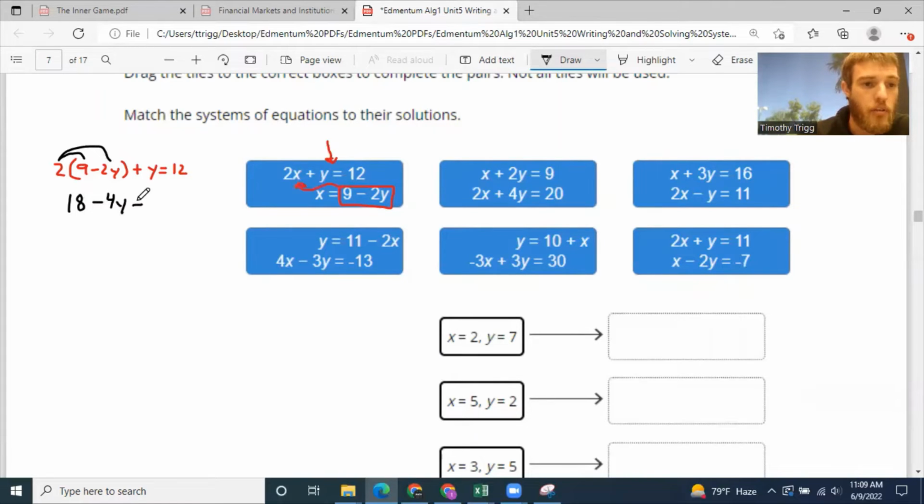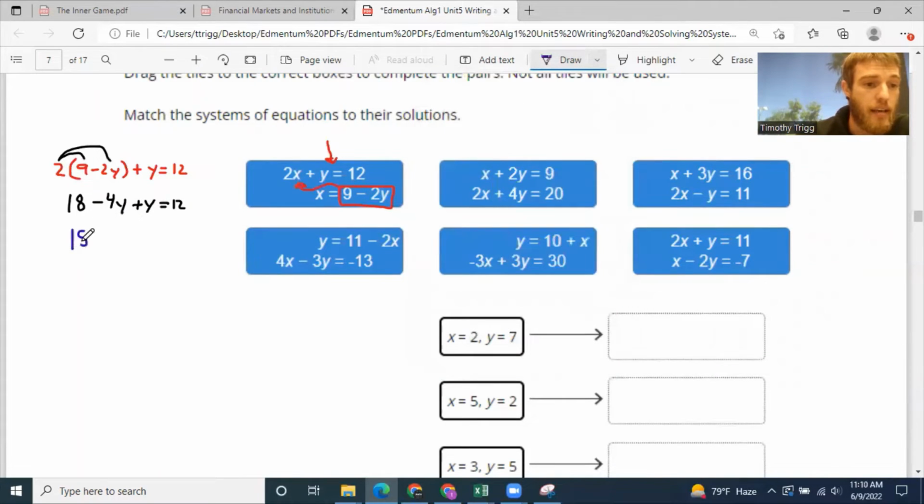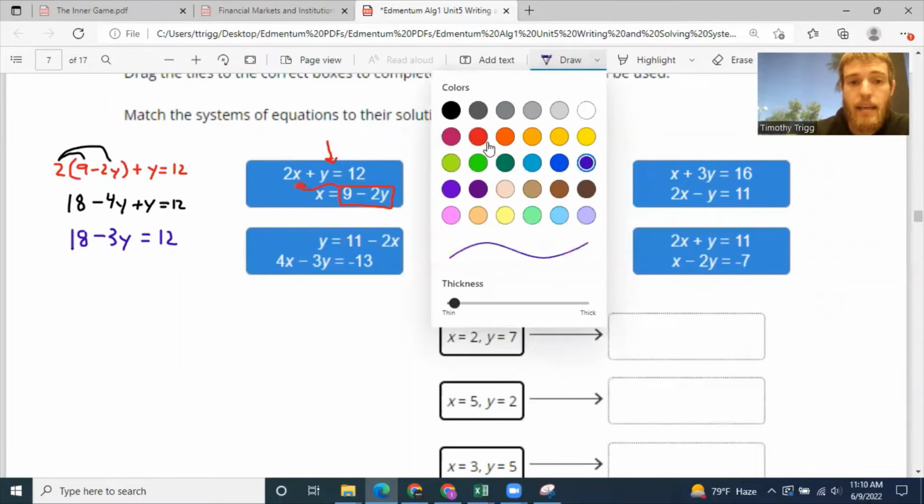We also have a plus y here equals 12. What can we combine there on the left? Well, we can combine this negative 4y and this positive y. So that gives us 18. The positive y is like positive 1y. Minus 3y, when you combine these, equals 12. Go ahead and subtract 18 on both sides of the equation.